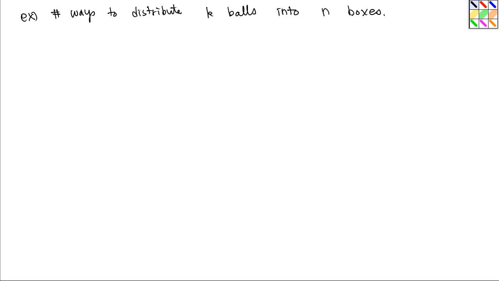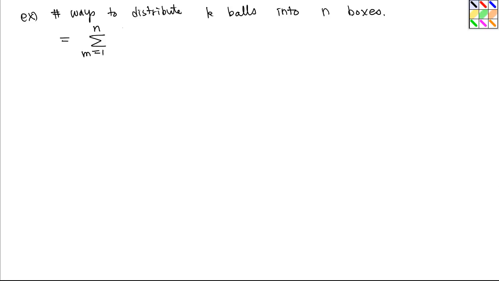So if we distribute the balls, then we can use only n boxes. So we can divide this situation into the number of boxes used. So we can have at most n boxes.